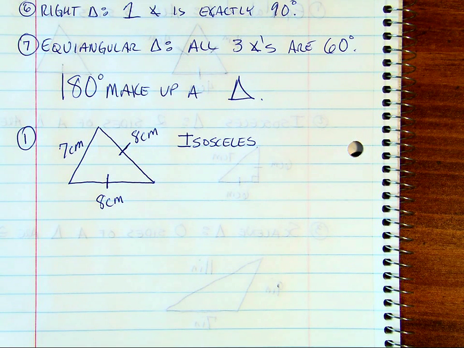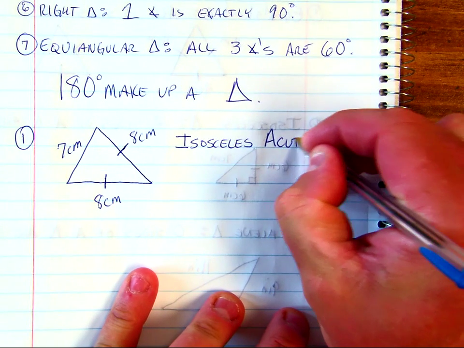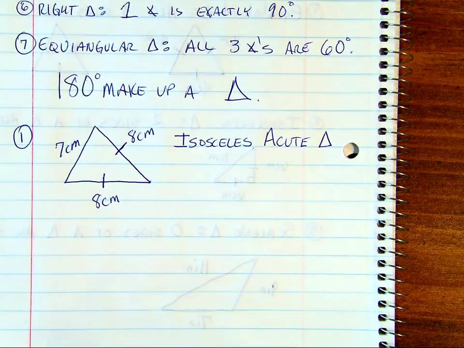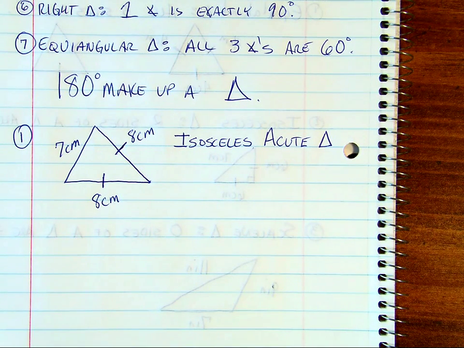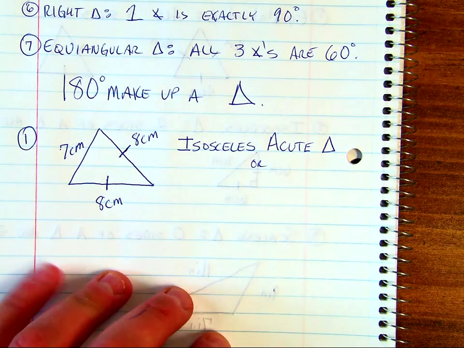Sebastian? And so that's how we would classify that triangle. Isosceles, acute, triangle. Or, what's another way to classify this? Watch this. This is crazy.